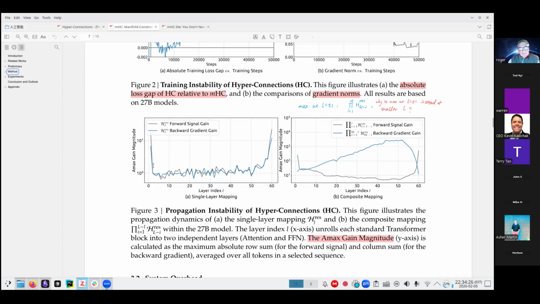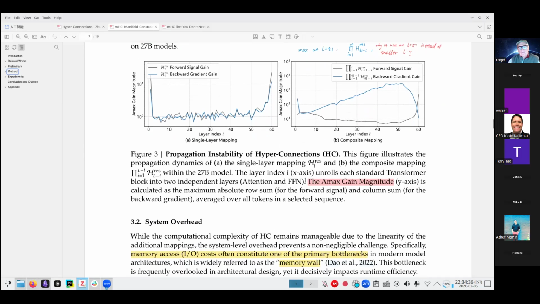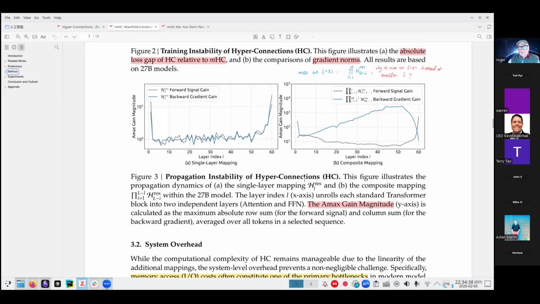It can go to extreme values instead of just staying close to one. So I think they're saying that the constraint is necessary.